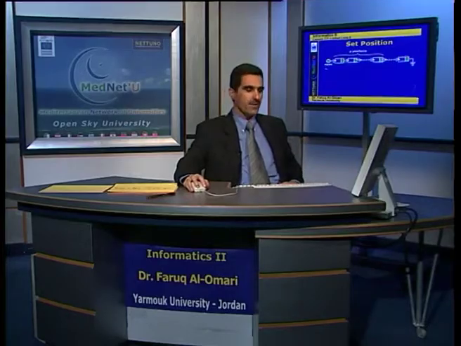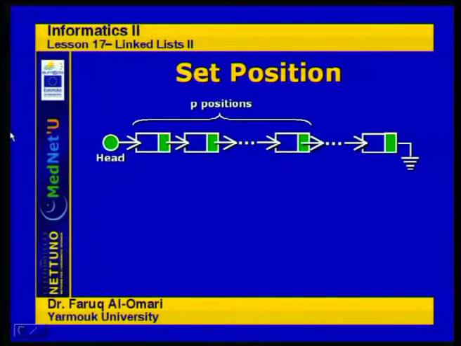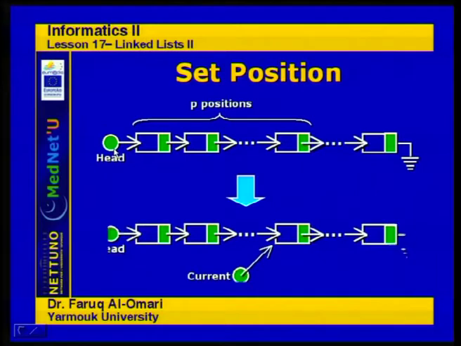Basically, I have head here pointing to this long list, and I would like to return a pointer which points to the node that comes P positions from head. So what I would like to get after this function is a pointer called current that points to this node that's P positions after the head, the beginning of the list.